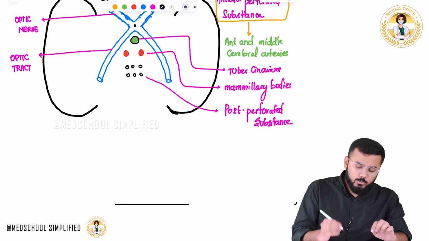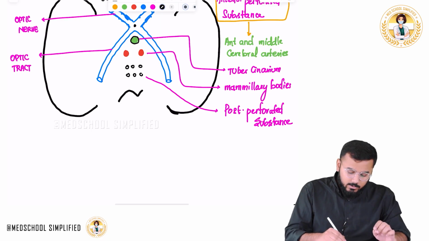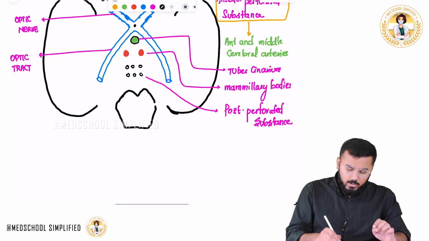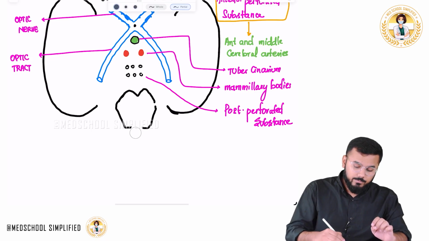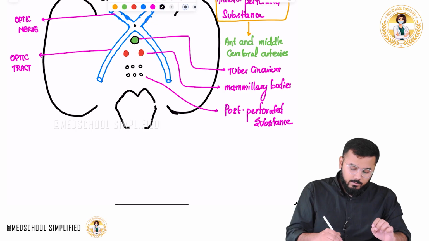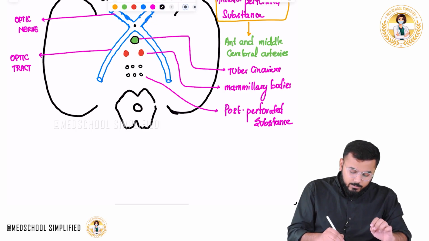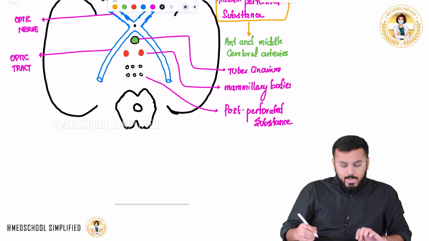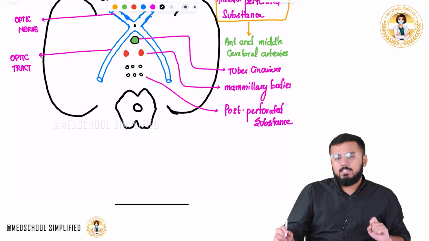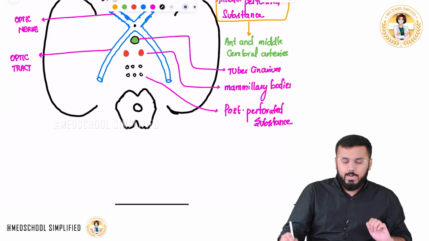Now behind this posterior perforated substance, you have this particular structure, which is called your midbrain. The midbrain has a small opening in the center. What is this? This is called the cerebral aqueduct.